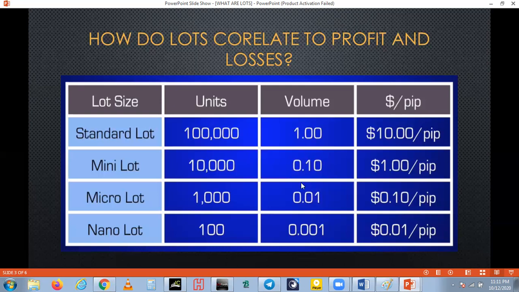And what of mini lots? 0.10, for a 1 pip movement, you're making $1. How about 0.40?